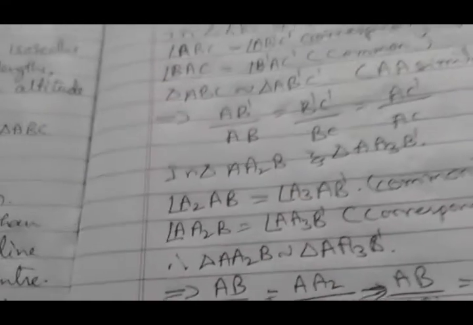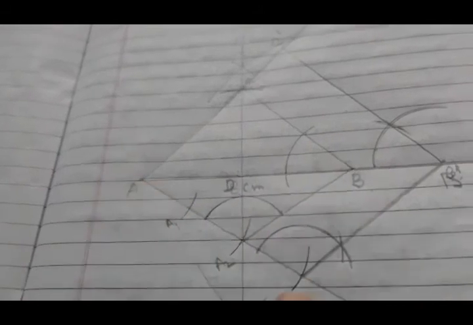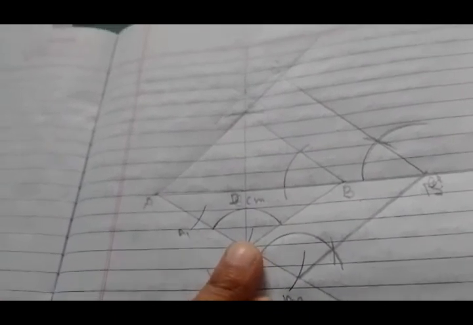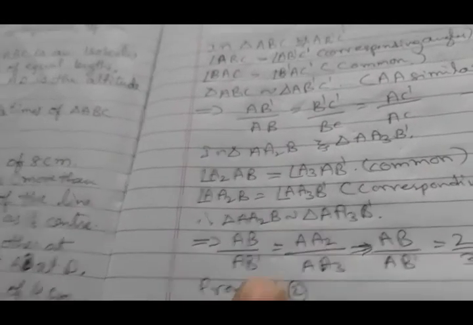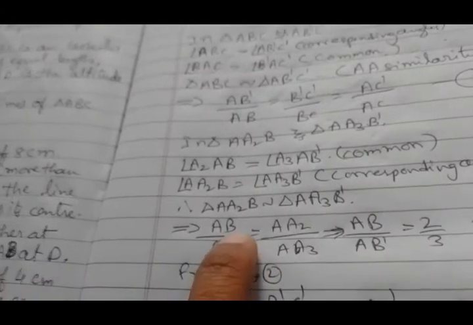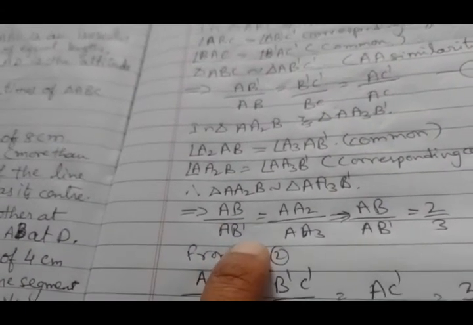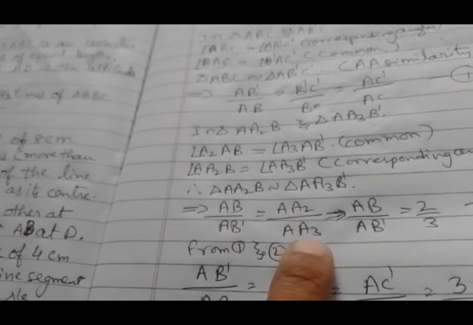This is equation 1, and in these two triangles, A to B and A3 B dash, these two angles are equal, and this angle is common, therefore these two triangles are also similar. Here also same thing, and therefore AB by AB dash is equal to A2 by A3.